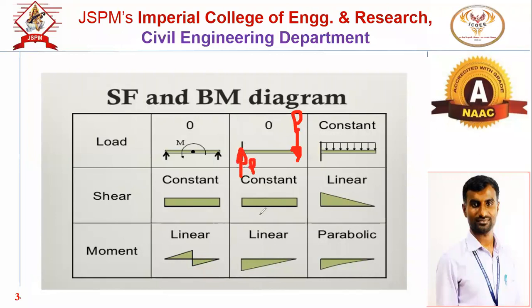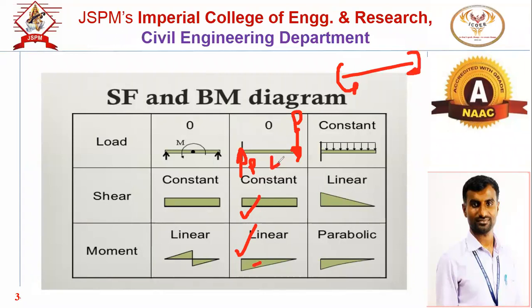The nature of SFD will be a rectangle, and the nature of BMD will be a triangle. Here, the BMD of a cantilever beam will be negative, as it is subjected to the hogging bending moment. This is hogging bending moment, so that's why it is negative.